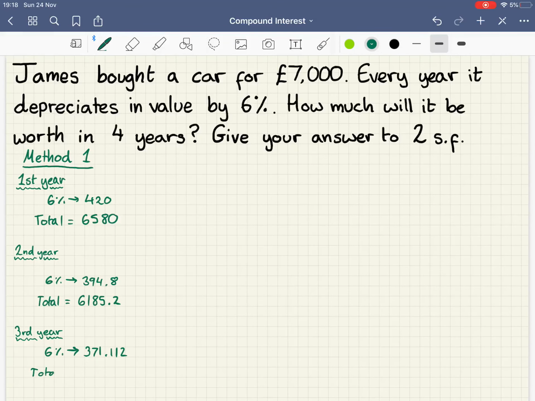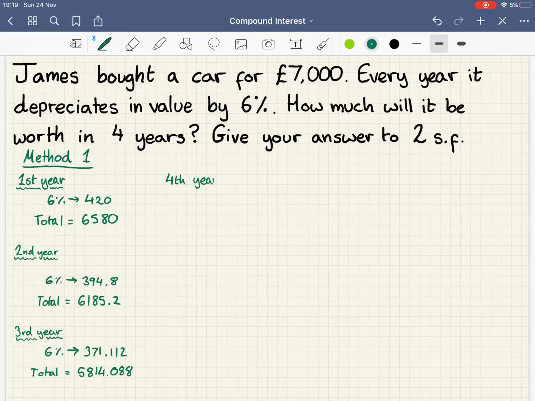And the total was 5,814.088. Now, I personally, again, I do not round at all, even though at this point that number does not make sense in terms of money. I still leave it. I still just write out whatever's on the calculator and I save all my rounding until the very end of the question.